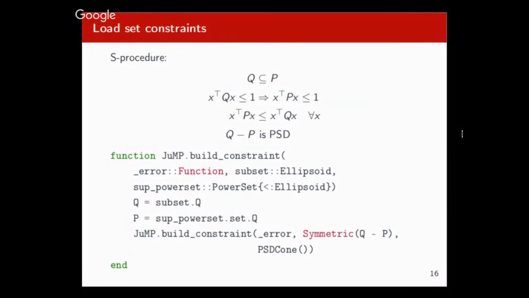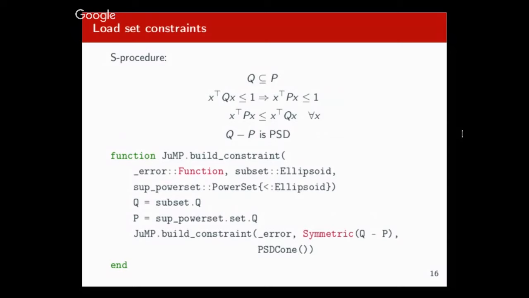So what it does is, again, it goes through build constraint. And now the ellipsoid will actually be a real ellipsoid with the matrix and so on. So this is what would have been called if you had a real ellipsoid and not a variable ellipsoid for which the representation doesn't really exist yet.